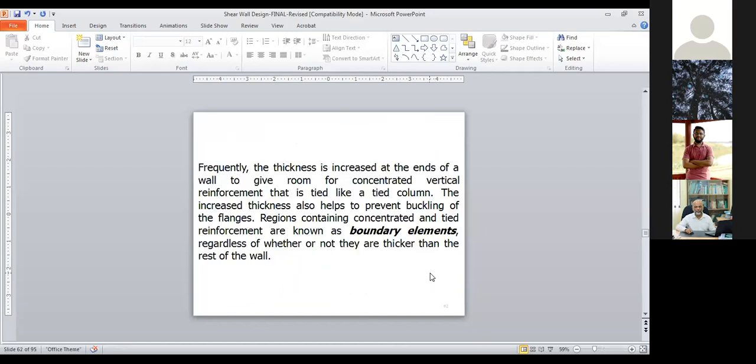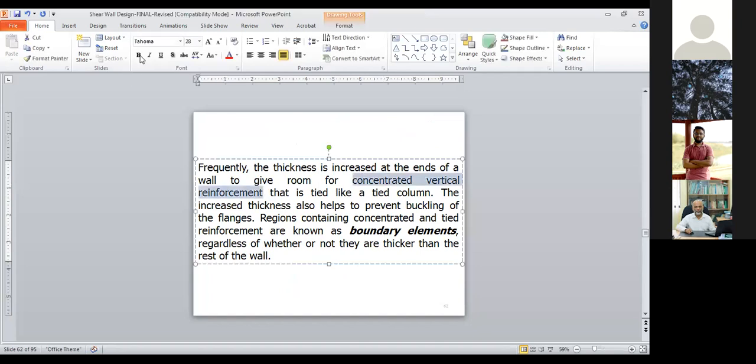We may need the boundary element. I already explained that you need to use concentrated vertical reinforcement for taking the moment. For that, the boundary elements should also be tied together through the reinforcement.